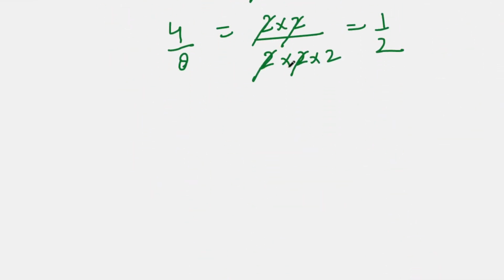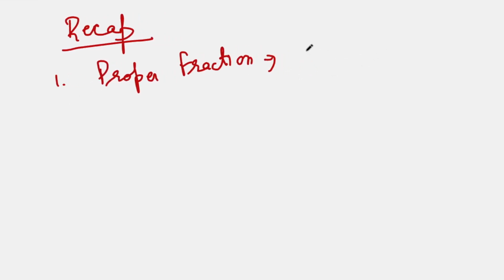So this was all about types of fraction. Let's have a quick recap. What did we learn today? We learned types of fraction. First is proper fraction, where the numerator is smaller than the denominator.